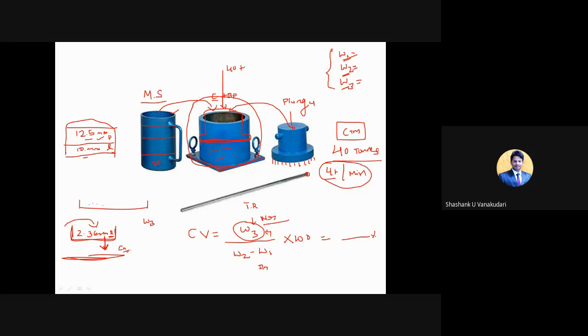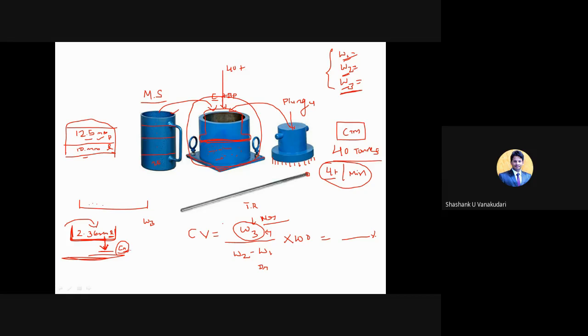So the aggregates which are passing through the 2.36 mm IS sieve are considered as the crushed particles. That crushed particles weight we have considered as W3. Those are the crushed particles, and that one I have noted down in the numerator part.